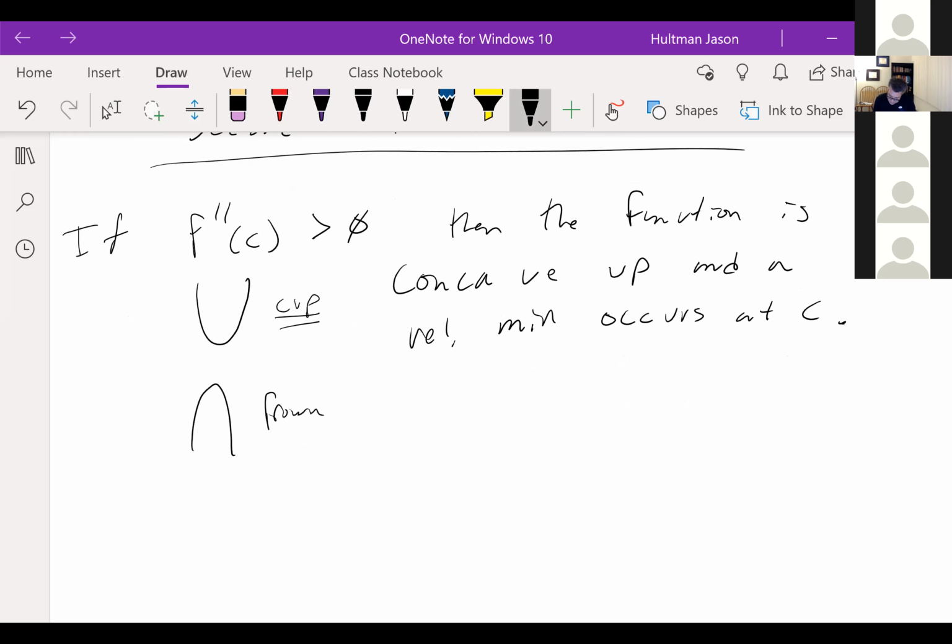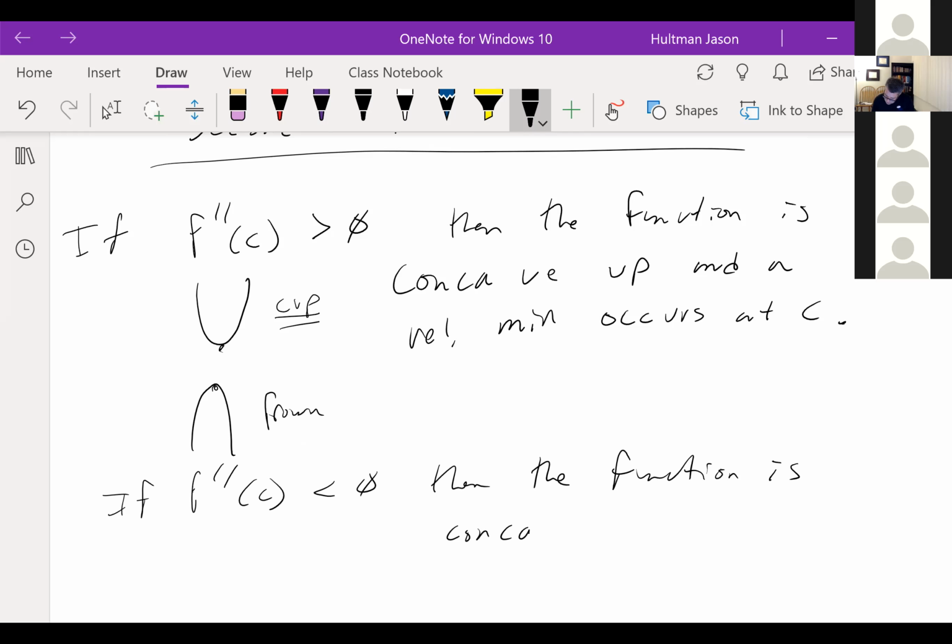So we could say that if f double prime of c is less than 0, if the second derivative is negative, then the function is concave down.